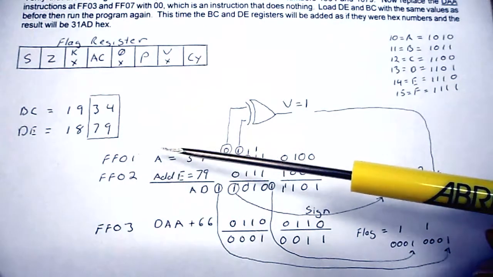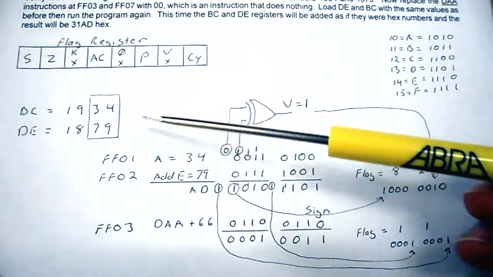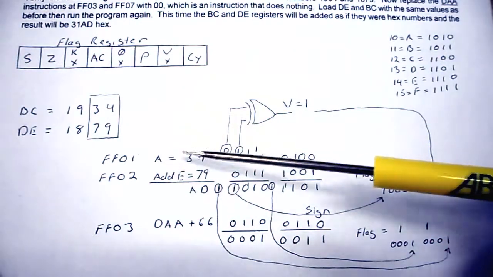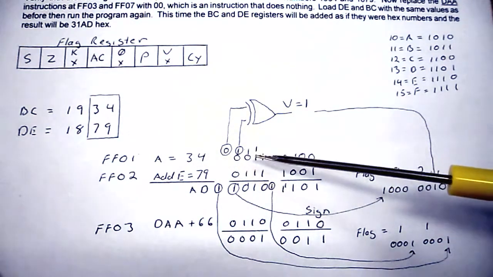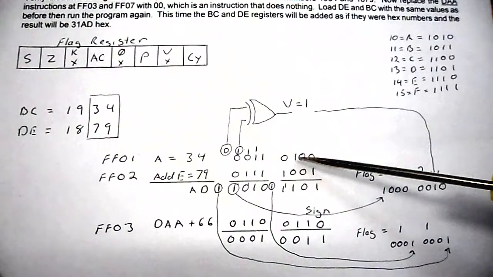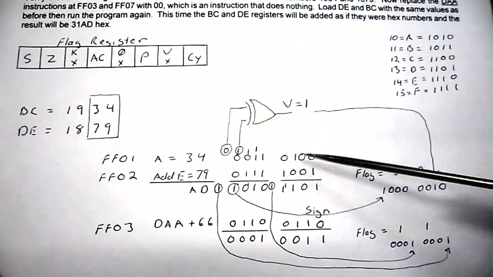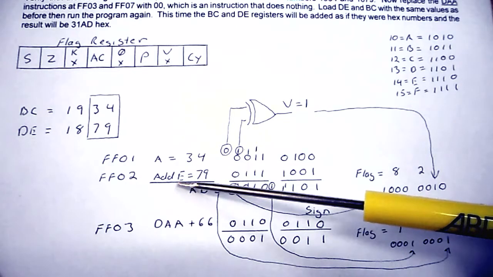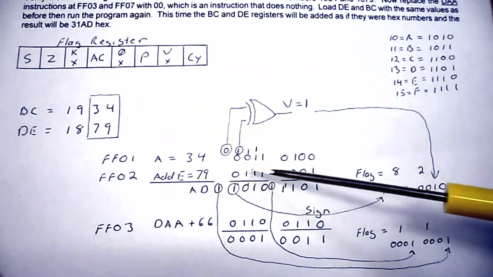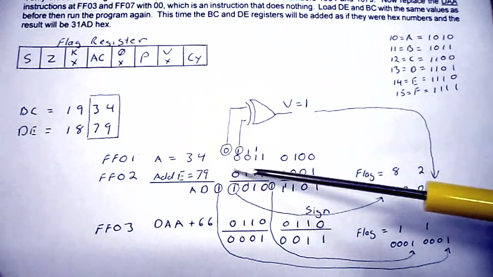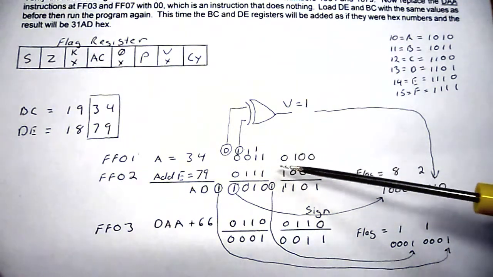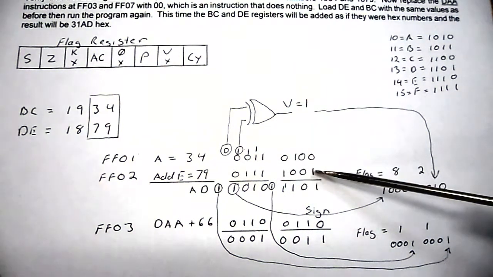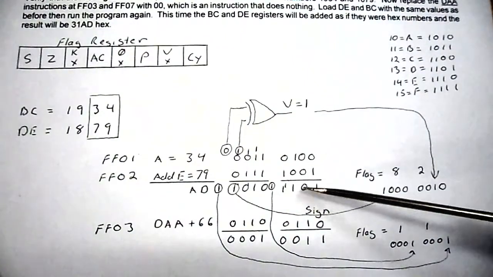And at FF01 we load C, which is 34, into A, so that's 0011, 0100. Then at FF02 we're going to add E to the accumulator, which is 79. So you have to remember the bit pattern for that is 0111, 1001. So then we're going to add it together.